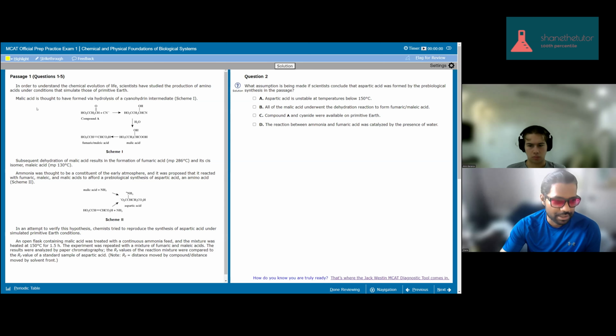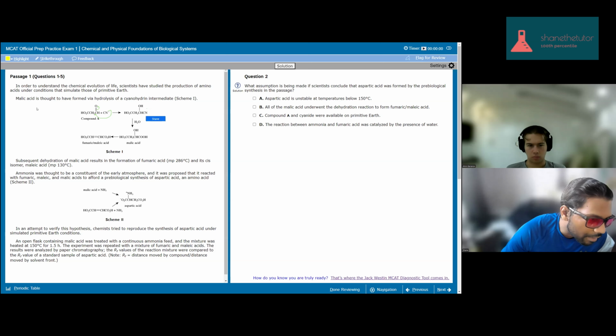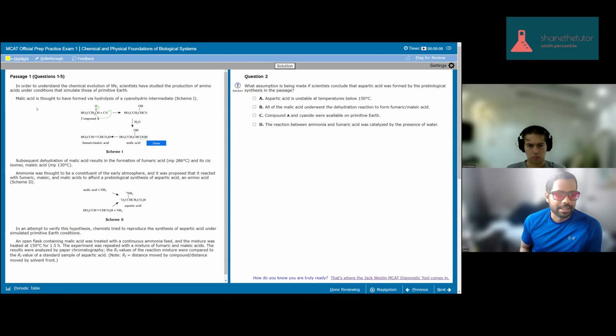Then we add water to the intermediate, and it seems to kick out the cyanide.